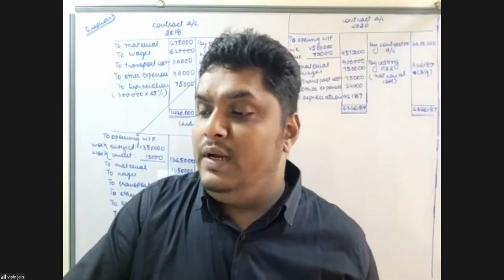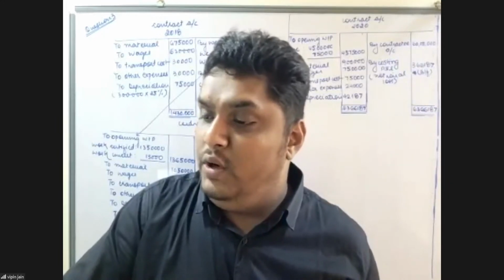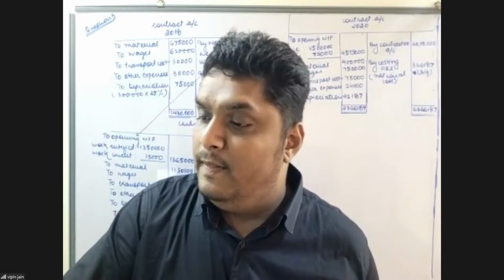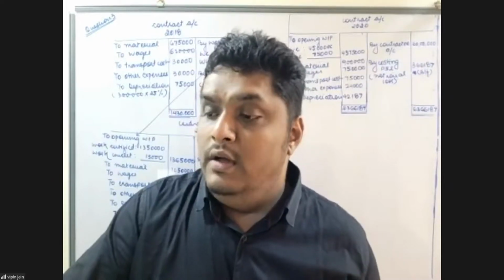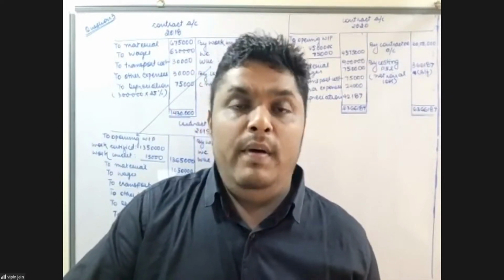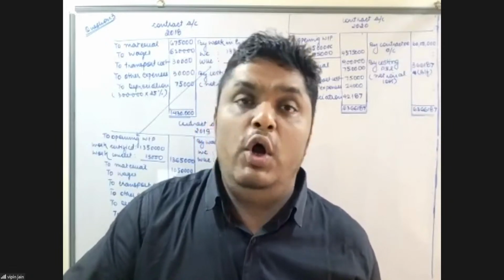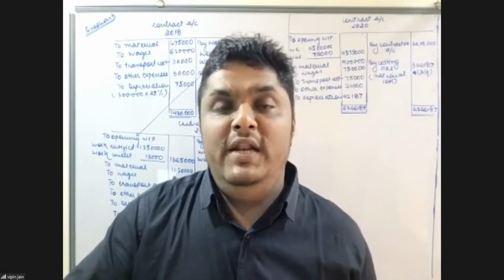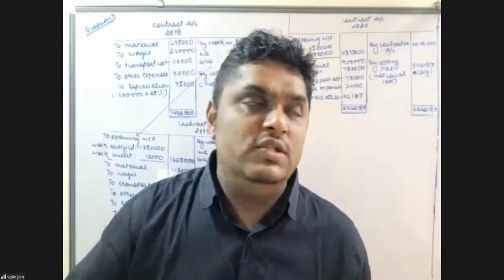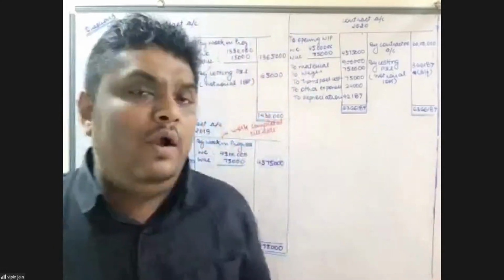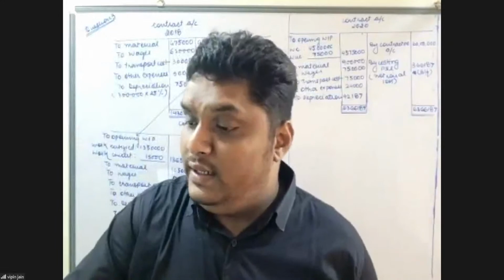Can you please be more clear, Subhashri? I'm not getting what you are asking. Darshan, further, the payment information and retention money information is not useful while preparing contract account. It has nothing to do with contract account.